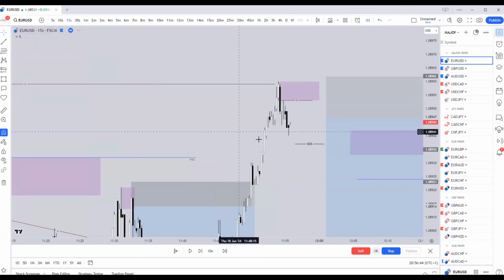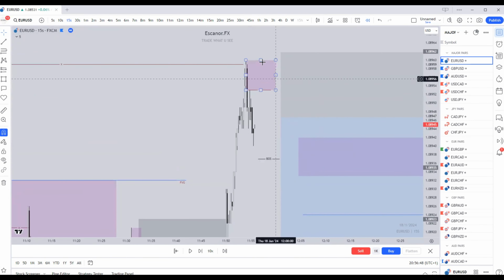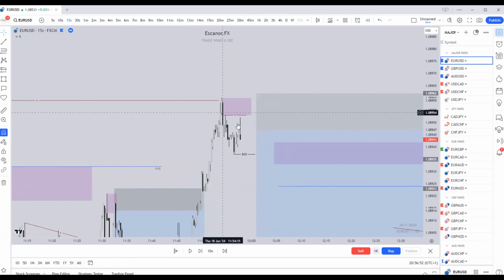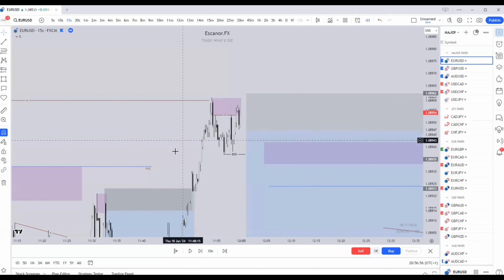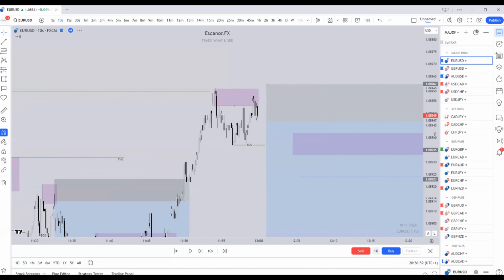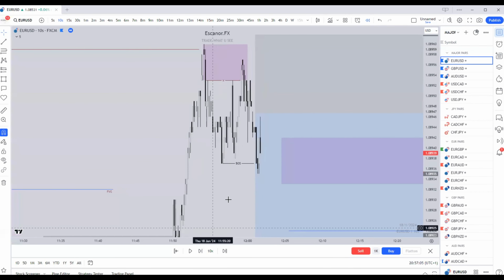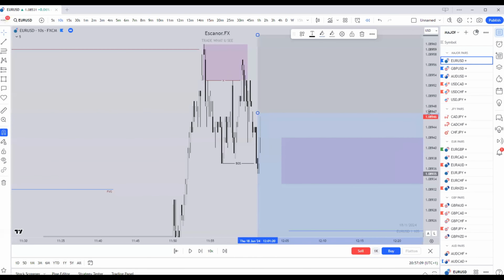So here I took another trade at this supply I was looking for. I waited for price to respect it first. Price took those double tops at the lower time frame, respected this supply and broke structure to the downside. Then I set my stop loss at this gap here.